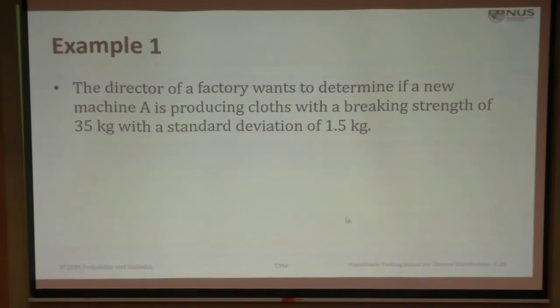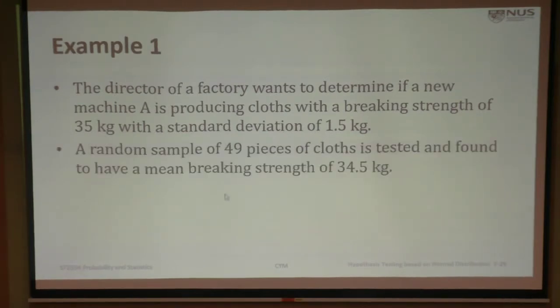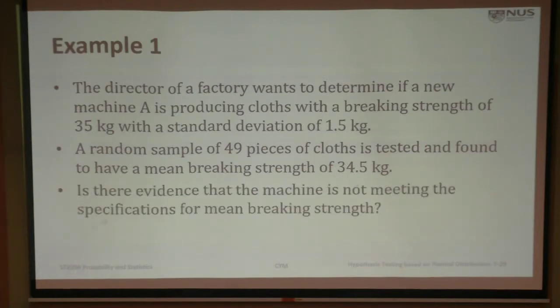Okay, so let's look at this example. The director of the factory wants to determine if the new machine A is producing cloths with a breaking strength of 35 kg with a standard deviation of 1.5 kg. So we take a sample of 49 and test, and find out the mean breaking strength is 34.5. So is there evidence that the machine is not meeting the specification for the mean breaking strength?